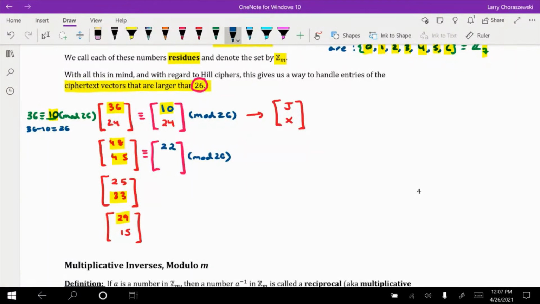All right, can you guys go ahead and try reducing 45 modulo 26? And then you can report the answer in the chat.